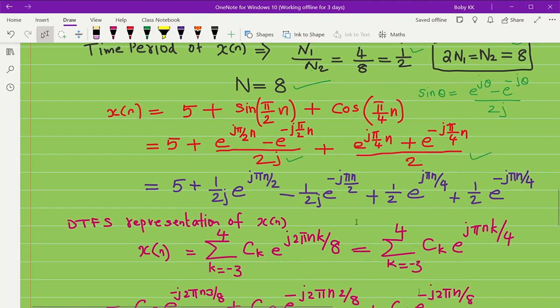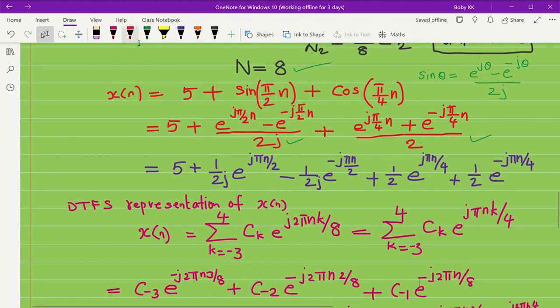The 5 is 5, then 1 by 2j is common, so 1 by 2j into e raised to j pi n by 2, minus 1 by 2j into e raised to minus j pi n by 2. Now this term, 1 by 2 into e raised to j pi by 4 n plus 1 by 2 into e raised to minus j pi by 4 n. Thus we are getting a total of 5 terms here.